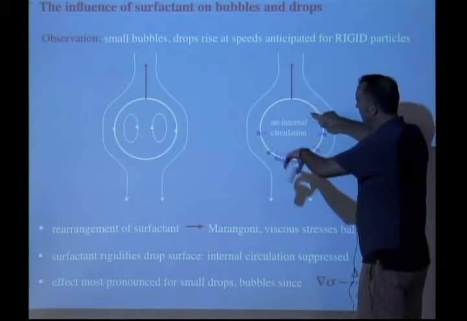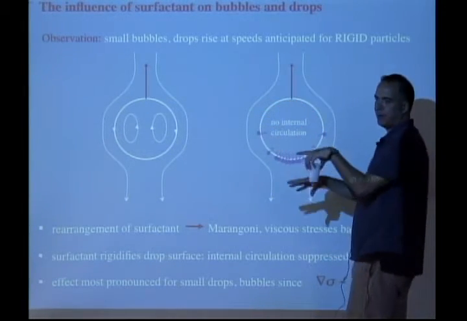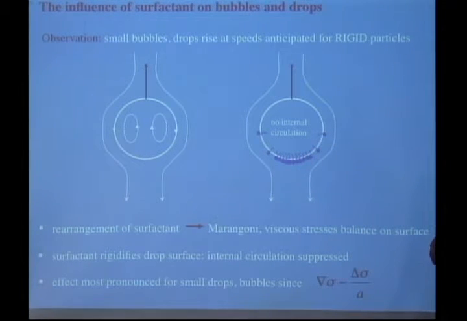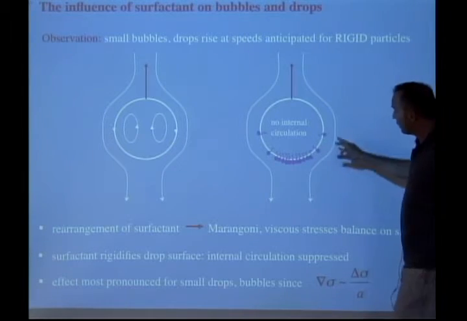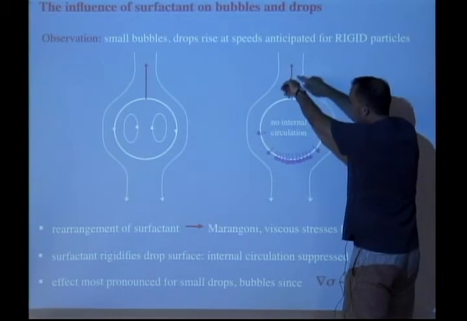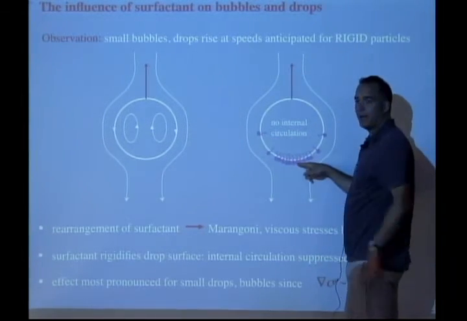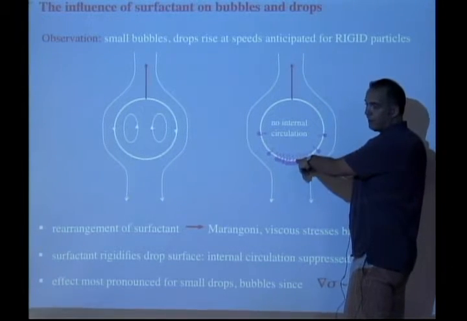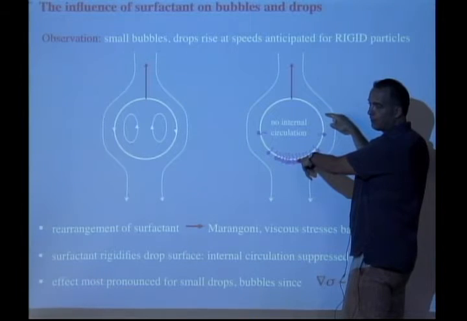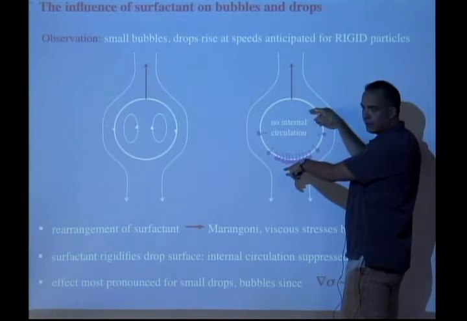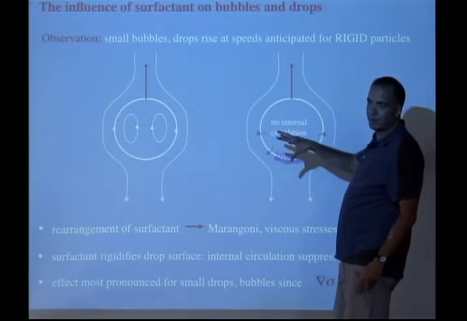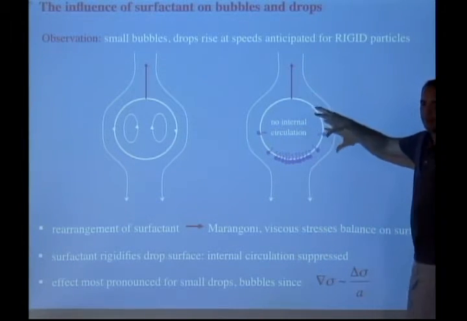As the drop rises, these surfactants, which are always present in water and anything else, stick to the surface, and with this sort of motion, they accumulate at the back of the drop. So then you have a gradient in their concentration. The gradient in surfactant concentration gives rise to a surface tension gradient, and that surface tension gradient rigidifies the surface of the drop. So this drop then moves as if its surface is rigid.